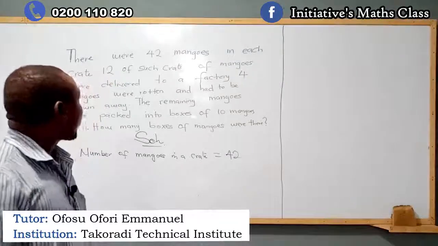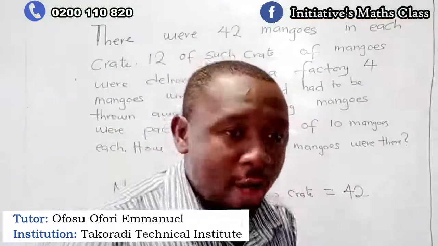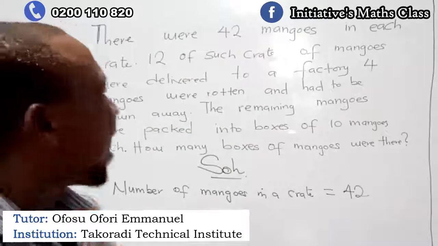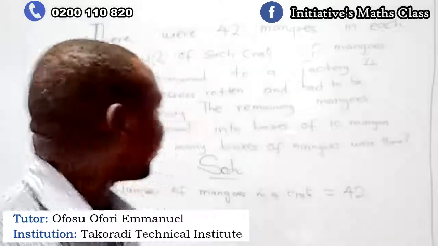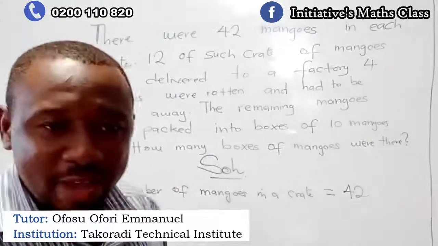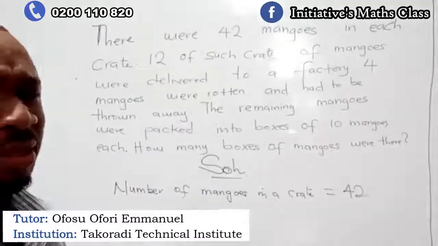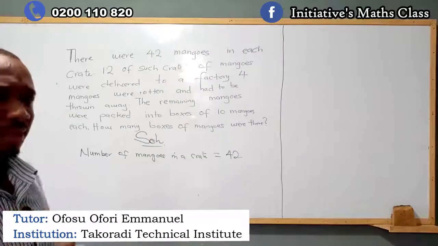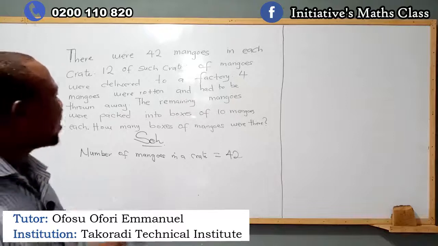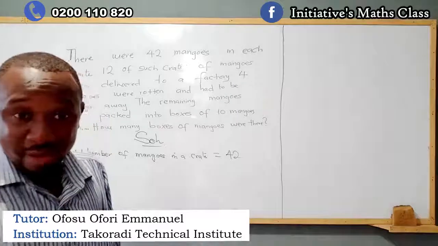Again, 12 of such crates of mangoes were delivered to a factory. So you ask yourself this question: how many crates of mangoes were delivered to the factory?